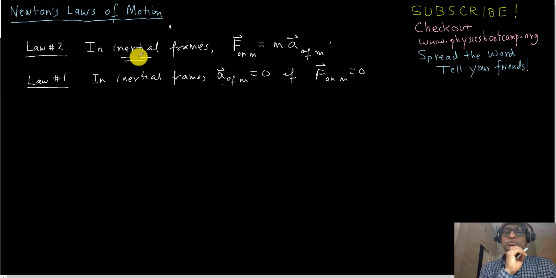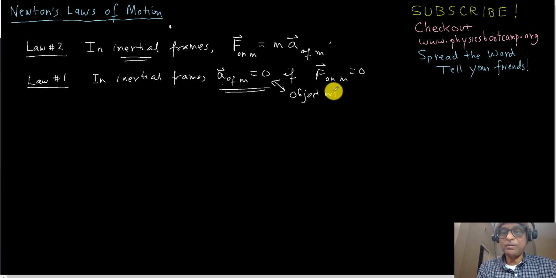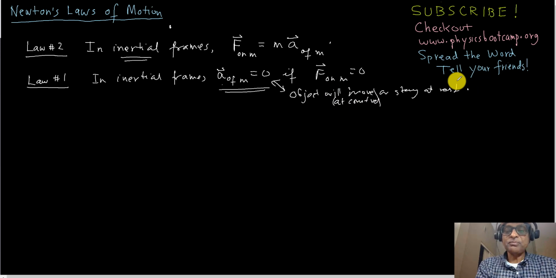We haven't said how we're going to find them, but in those frames, the acceleration of an object will be 0, meaning the object will move at constant velocity, or stay at rest, if the force on m is 0. So you don't really need this consequence, except that we can use it to look for frames.